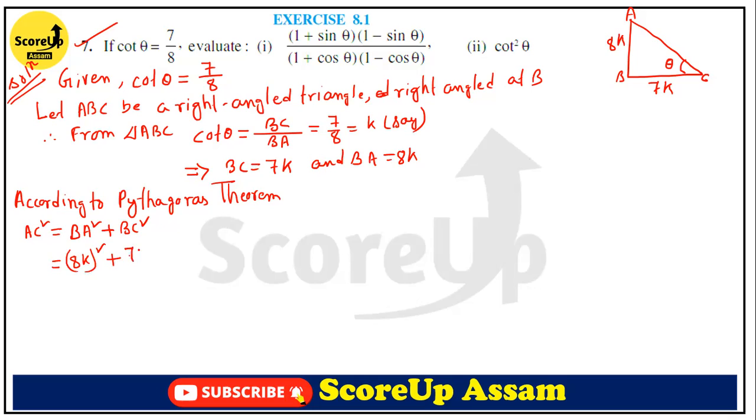Value of BC is 7K, therefore 7K whole square. So it will be 64K square plus 49K square, ultimately 113K square. Therefore AC will be K root over 113. Okay.